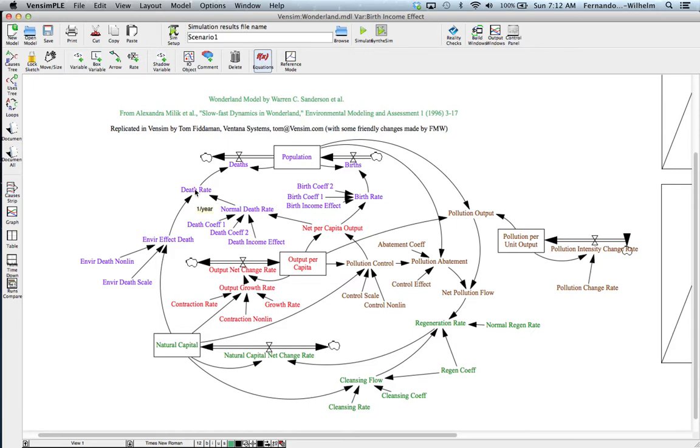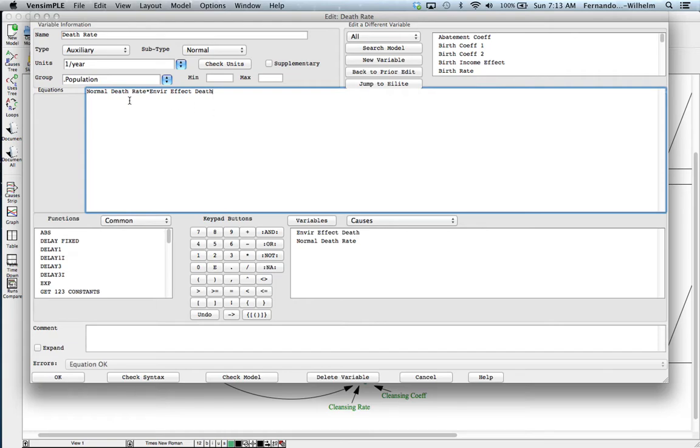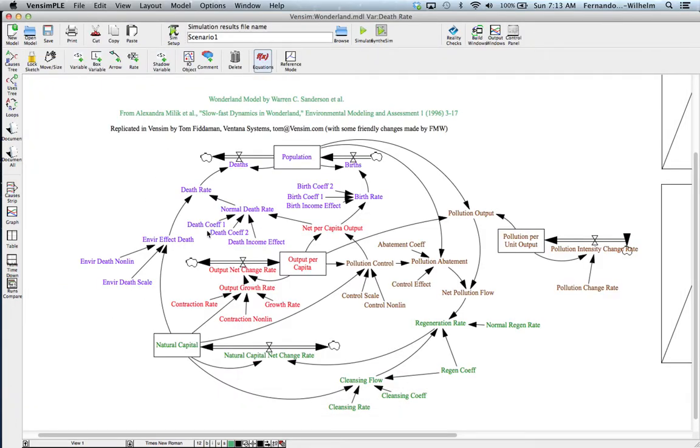Now the deaths are driven by a death rate, and the death rate is driven by this group of parameters here. Okay, so if you click on the death rate equation, you will see essentially that the death rate, in units of 1 per year, is a product of two variables: normal death rate and environmental effects causing death.